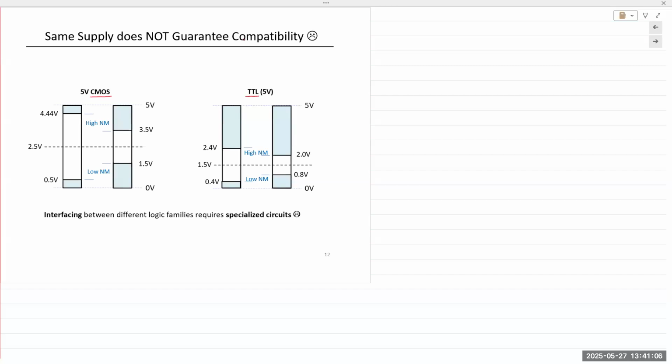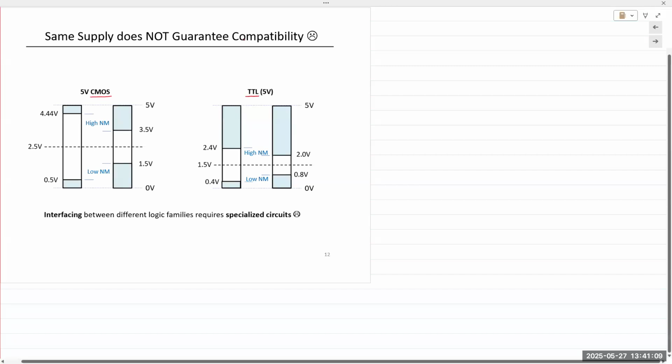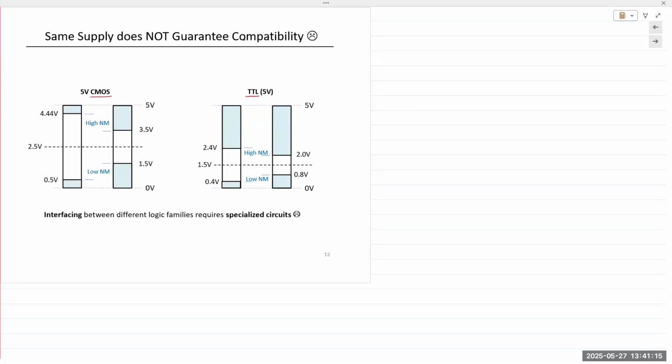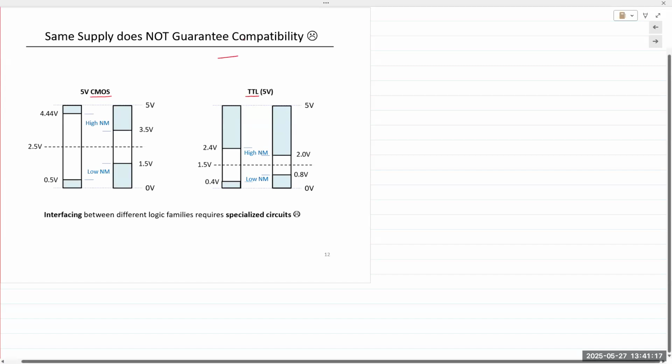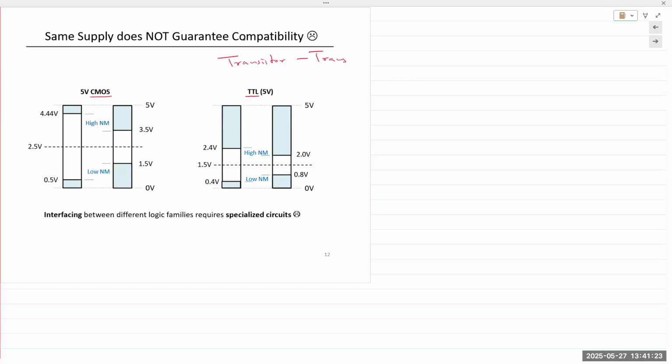So before the advancements that were made in the manufacturing of MOSFETs, BJTs were the primary device that was used to create logic devices or digital devices. And so TTL stands for transistor logic. Sometimes some authors and people like to use transistor to transistor logic. They're referring to the same thing.